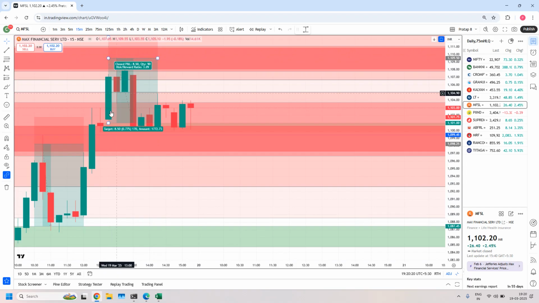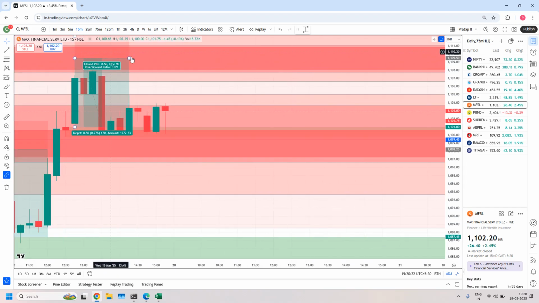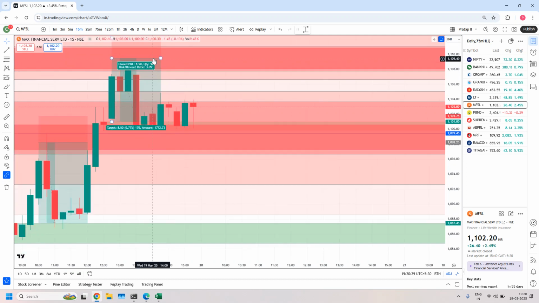So I fine tuned up to this, until the fine tuned area prices reached. You got the entry and after that prices reached the 15 minutes target. Here rally, base, rally, 15 minutes target. So that way you got the second trade also successful.